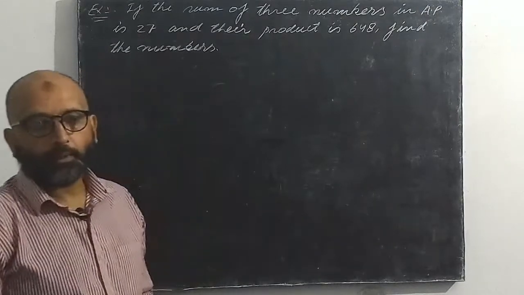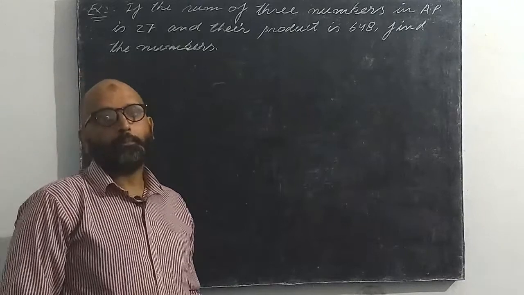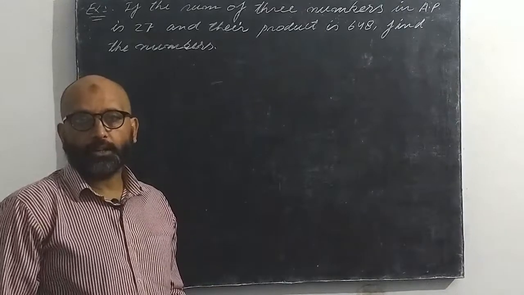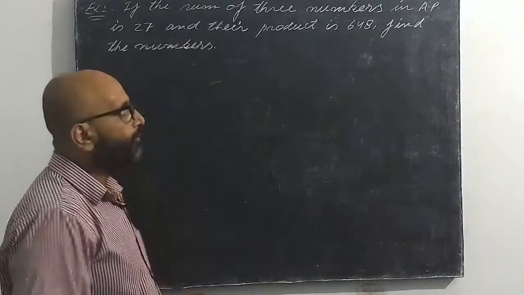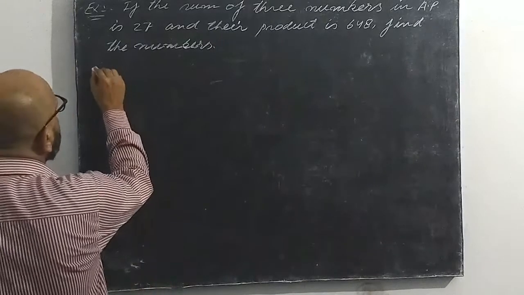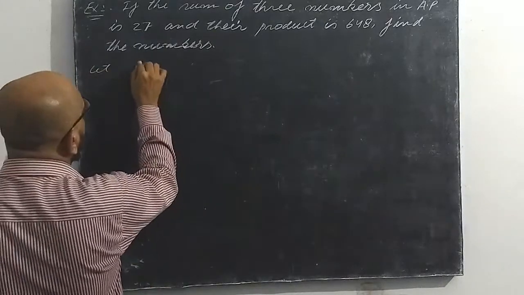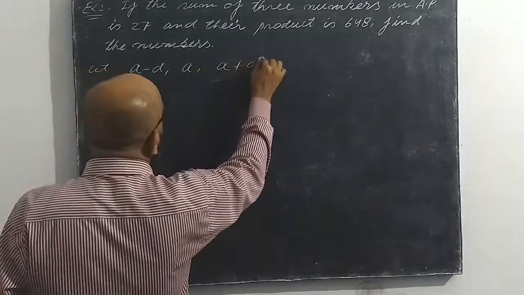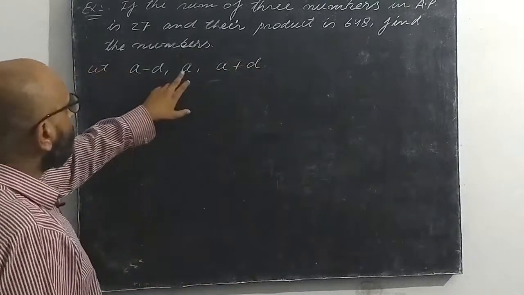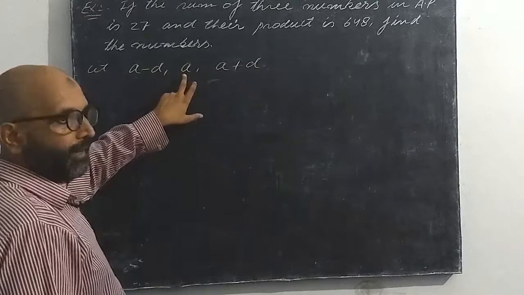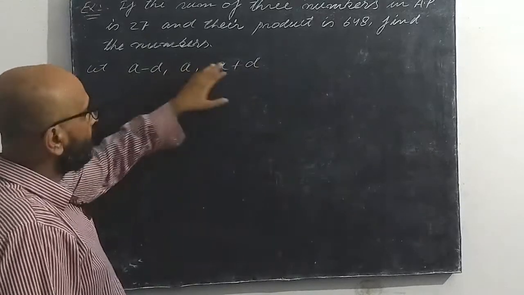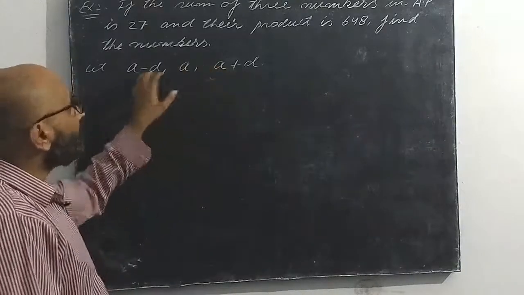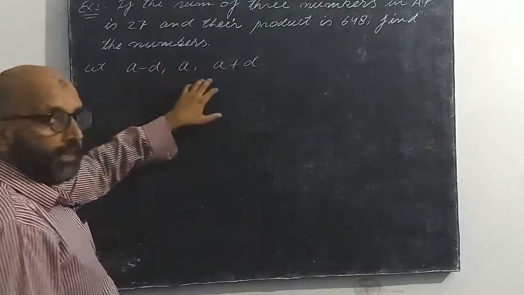So if we see in the language problems that only 3 numbers in AP are considered and 2 different conditions are given in the problem, we always assume the numbers as a minus d, a, a plus d. As you see, if we subtract a minus d from a, we have d. If we subtract a from a plus d, we have d. So obviously these 3 arbitrary numbers, we may say, are in AP.